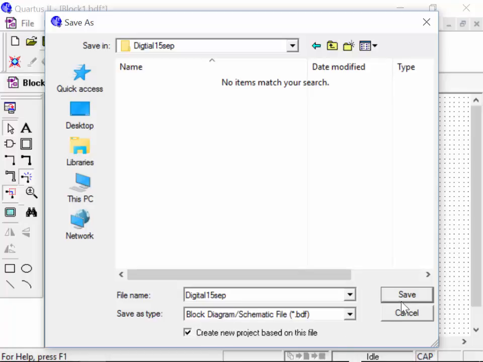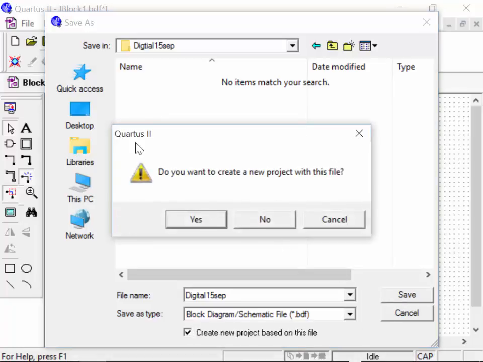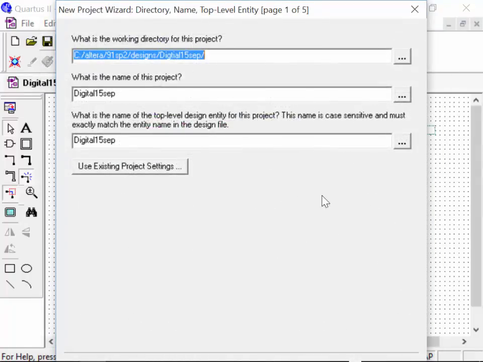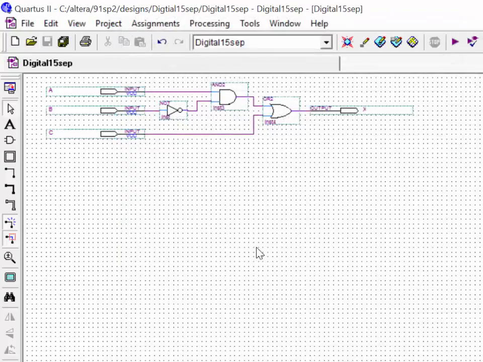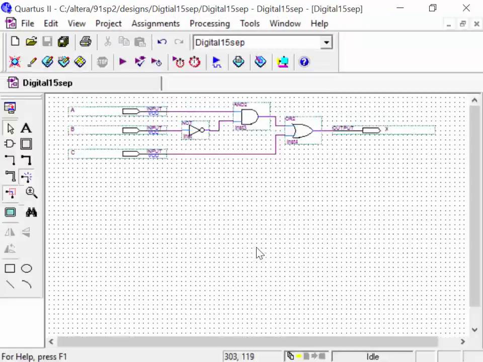Pardon me, because of the poor resolution of that screen, I can't hit the OK button on the box without unplugging the projector. So I've gone ahead and saved it.